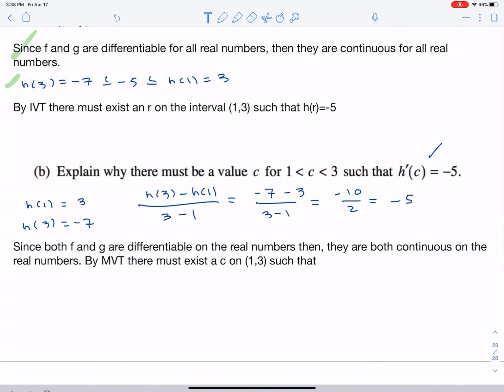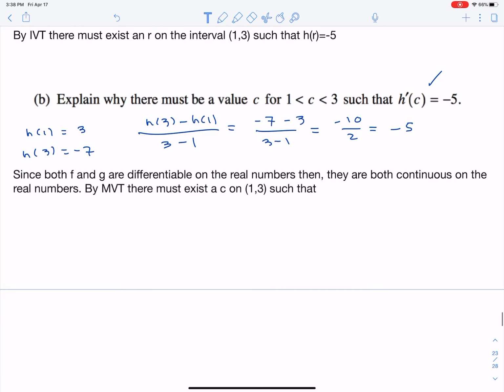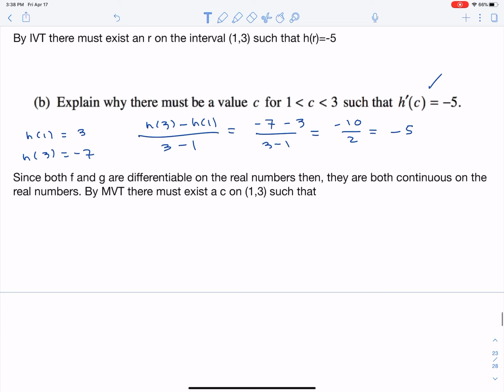So what's our conclusion from MVT? Since this is differentiable and continuous, by MVT, there must exist a C such that the following statement has to be true. Excuse me, not F, it should be H, shouldn't it?